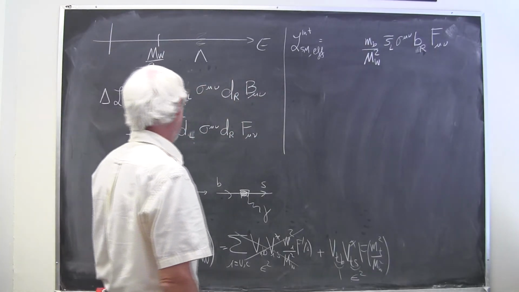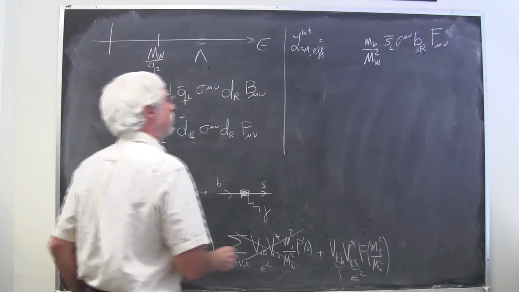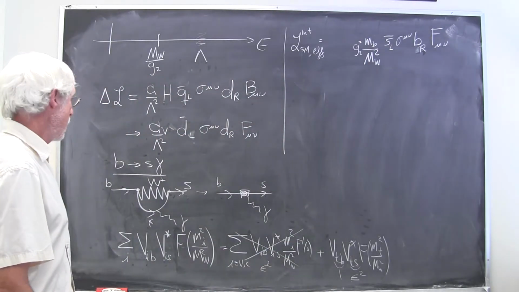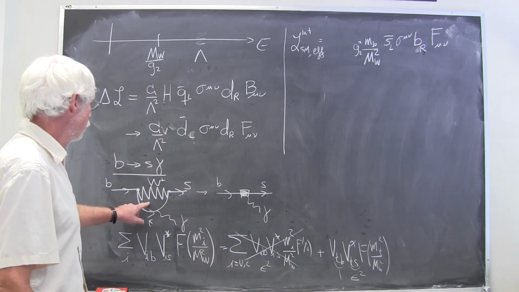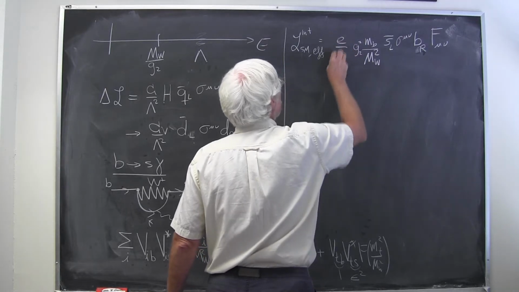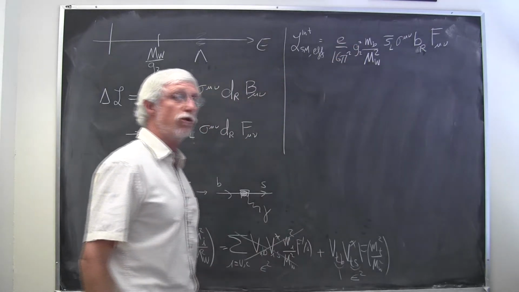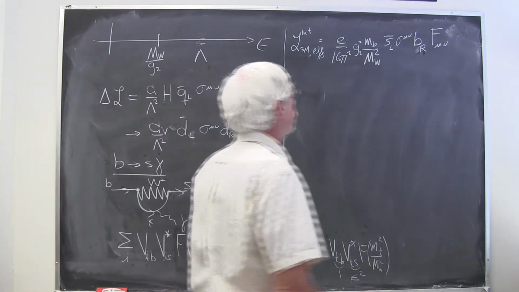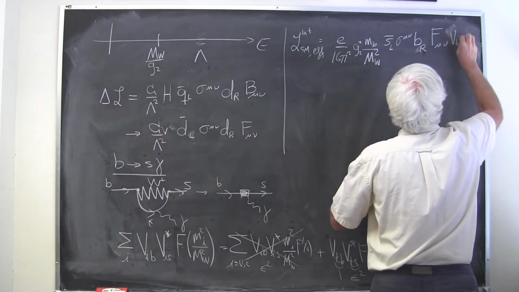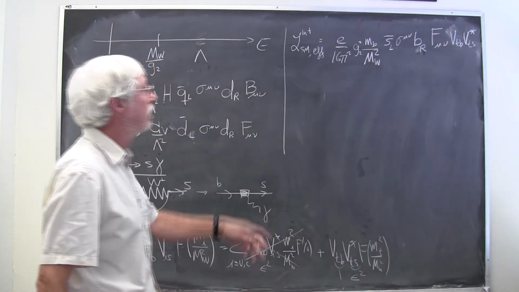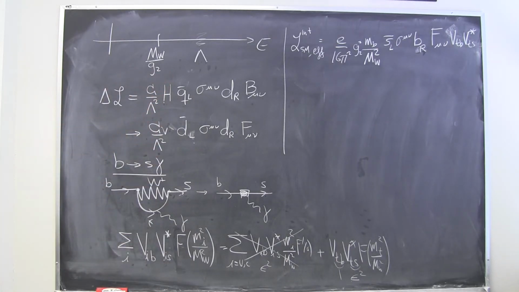And to complete the estimate, well, there's a weak coupling constant at each one of those vertices, g_2 squared. And in addition, there's a loop and a factor of the electromagnetic coupling. So I'll put in here an e over 16 pi squared. But the most important part of the estimate is what we already did down here, which is a factor of V_tb V_ts star, times this function of order 1, which I'm not going to write down because I'm only doing an order of magnitude estimate of the effect.